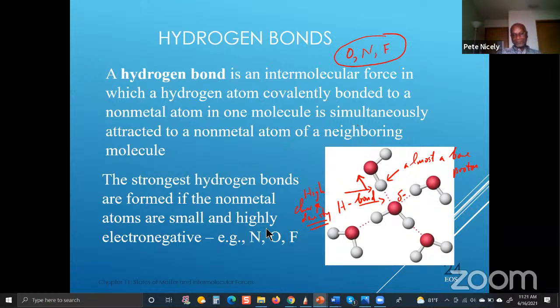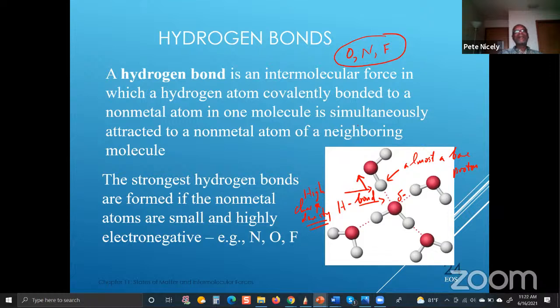As a special bond, what we're going to see later on is that this imparts particular properties to water. Water has an unusually high melting point and an unusually high boiling point, among other properties. In fact, one other property we talked about back in chapter 6 is that water has a very high specific heat.